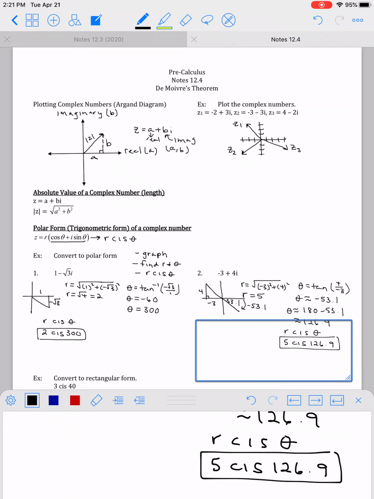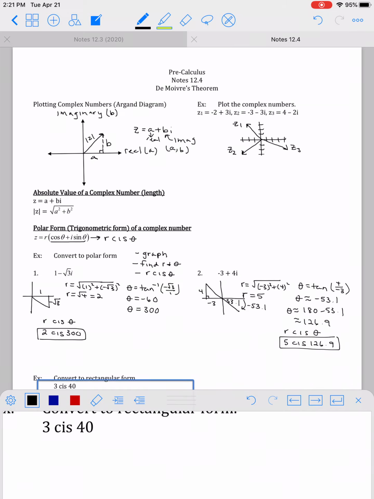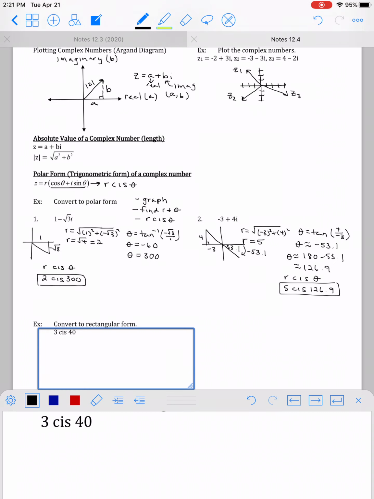So there's two good working examples for you there. Now, when I convert to rectangular form, the first thing I am going to do is expand this into 3, and then I'm going to write cosine 40 plus i sine 40. If they were on our trig sheet, we'd use exact values.